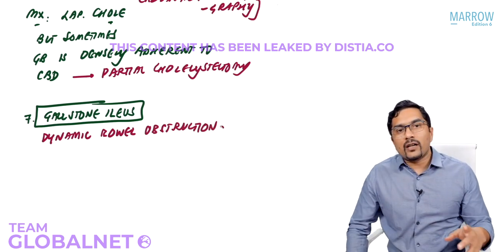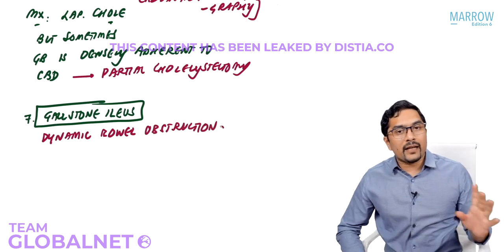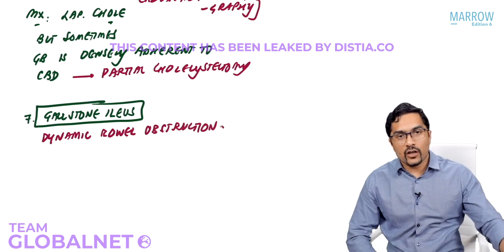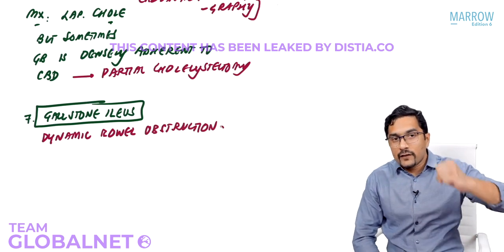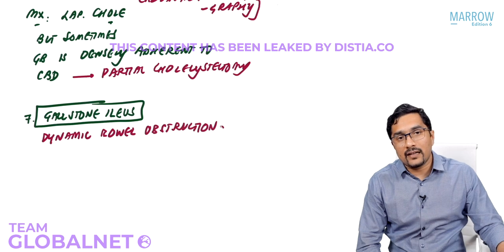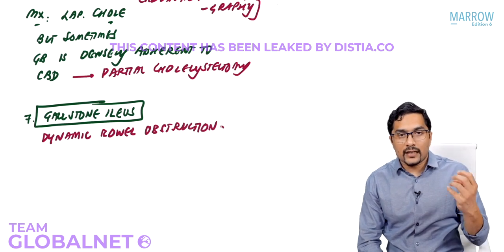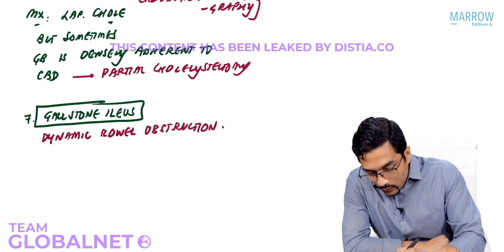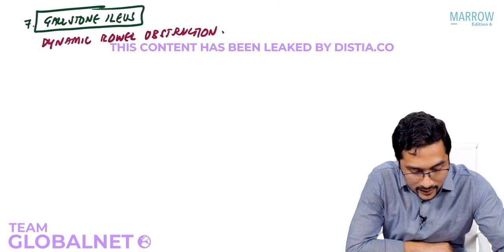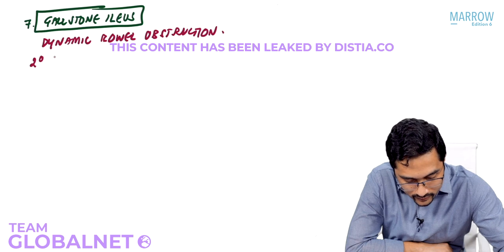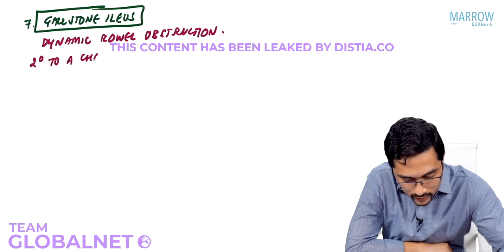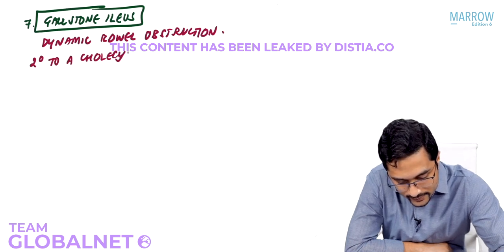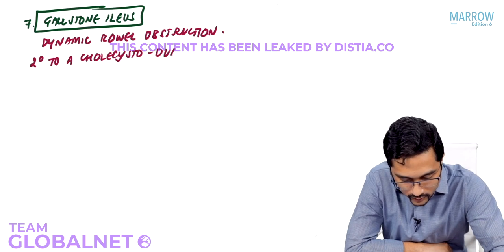Now we've already covered dynamic and adynamic bowel obstruction in the bowel obstruction module. So there is something physically which is going to obstruct the bowel here, and that physical obstruction in this case is caused by the gallstone. Now, how does gallstone ileus occur? It occurs secondary to a cholecystoduodenal fistula.